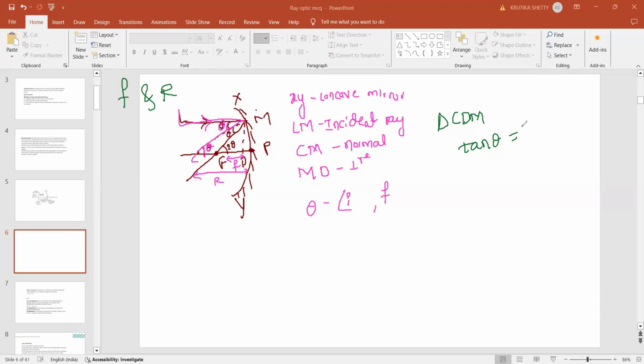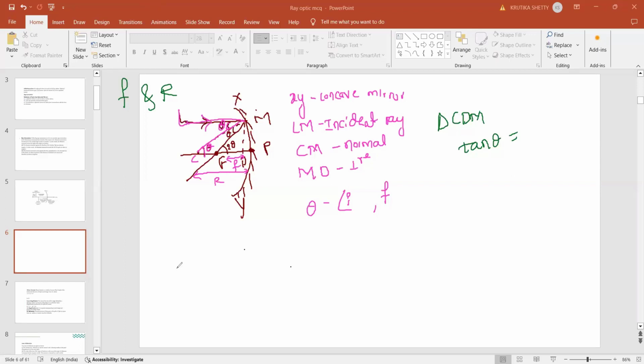Please tell me what is tan theta. Yes, it is from the figure. Hope you are able to see the triangle. If you want, I'll draw it here.